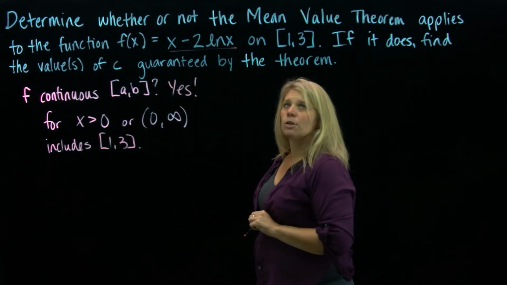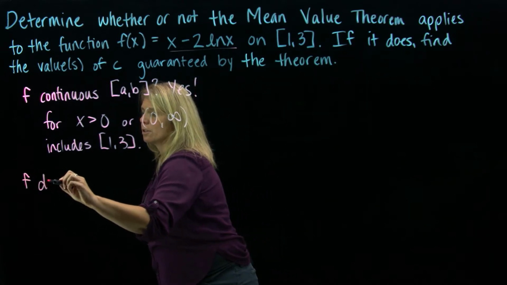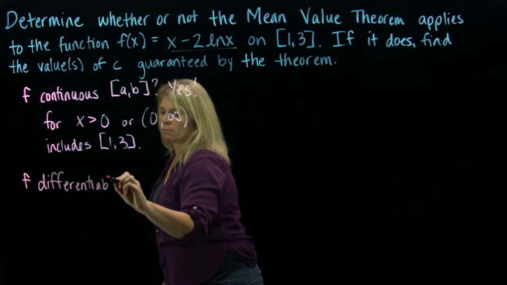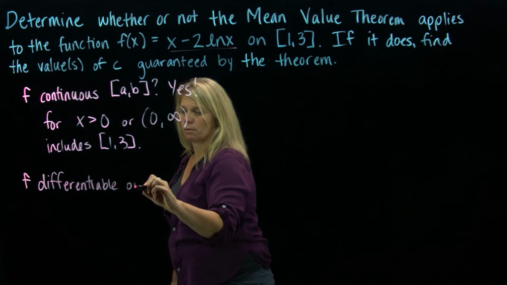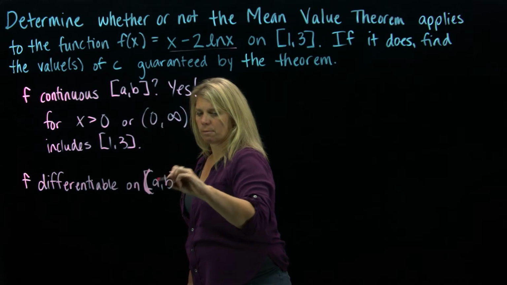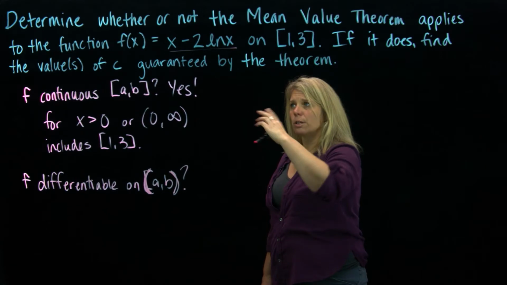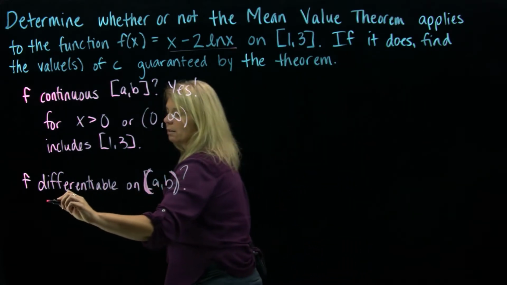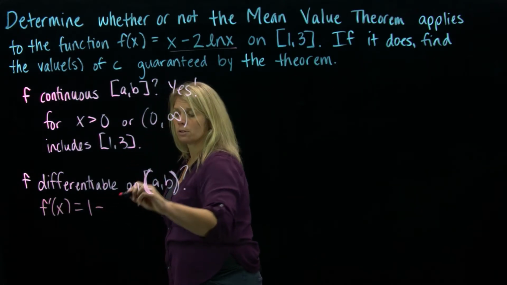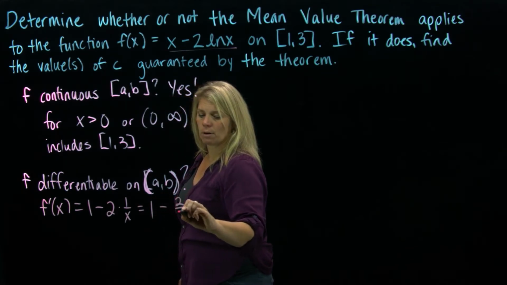All right, the second thing to check for mean value theorem is whether the function is differentiable on the open interval from a to b. Okay, so for this function, let's think about its derivative. f prime of x will be 1 minus 2 times 1 over x, or 1 minus 2 over x.